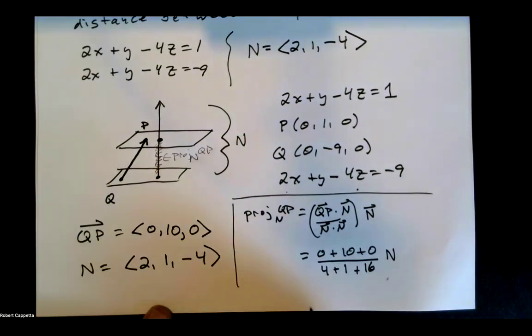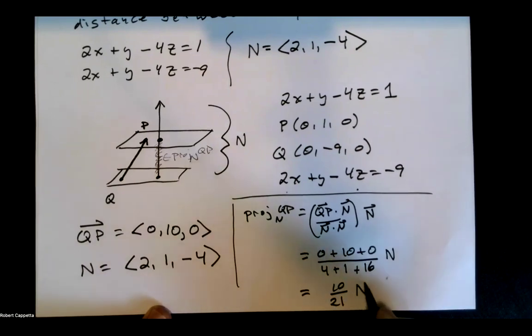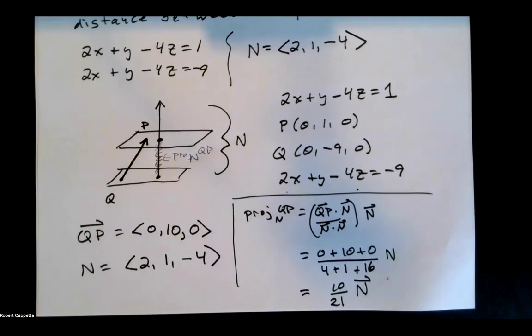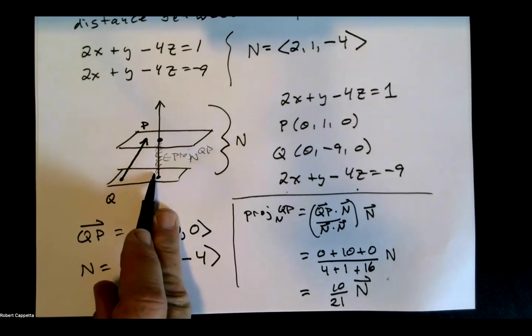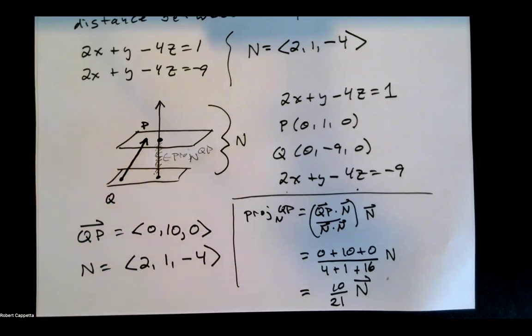So what do we get here? We get 10 over 21 times the n vector is the projection of QP onto n. And again, we know that the magnitude of that is going to be the distance between the two parallel planes.